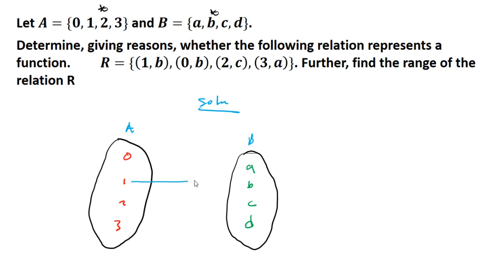1 is going to B, so you can simply sketch like that and put an arrow. Then 0 is going to B, so it's going like that. Then 2 is going to C. Then 3 is going to A. The question is to find the range of the relation and then determine if it is a function.